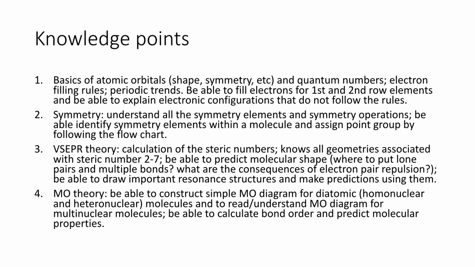You should be able to identify the nature of the bond, whether it's a sigma, whether it's a pi, whether it's a bonding orbital, non-bonding, or anti-bonding orbital. And on top of that, you should be able to fill electrons into the molecular orbitals and be able to calculate bond order, and from which to predict molecular properties.